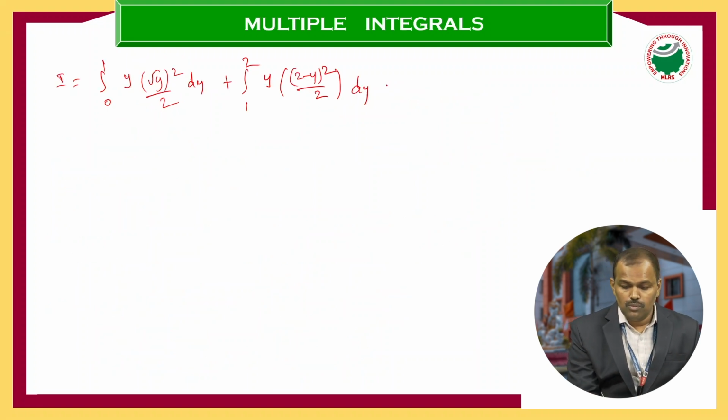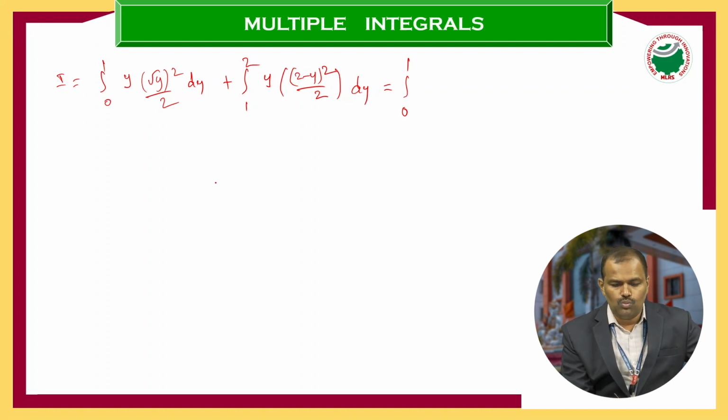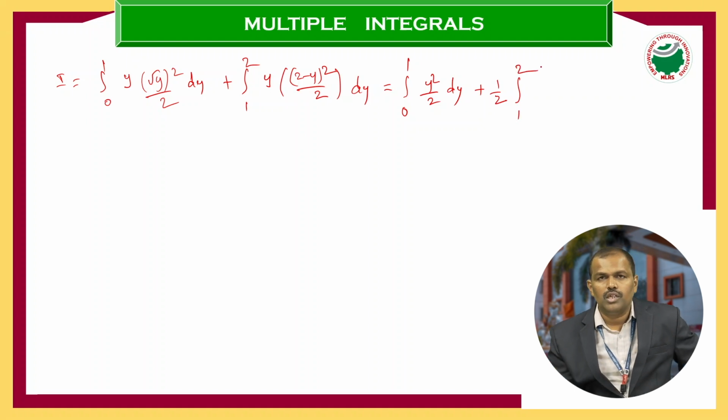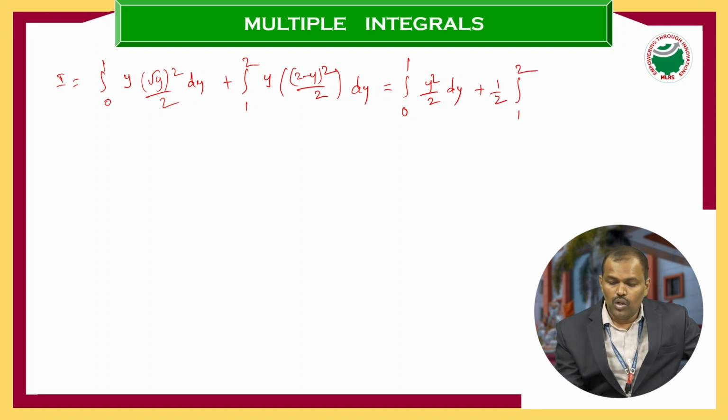Now we can simplify this. Integral 0 to 1, root y whole square means y, so y into y square by 2 dy. That is the first term. Plus the second term, 1 by 2 constant right outside, integral 1 to 2, y into 2 minus y whole square.